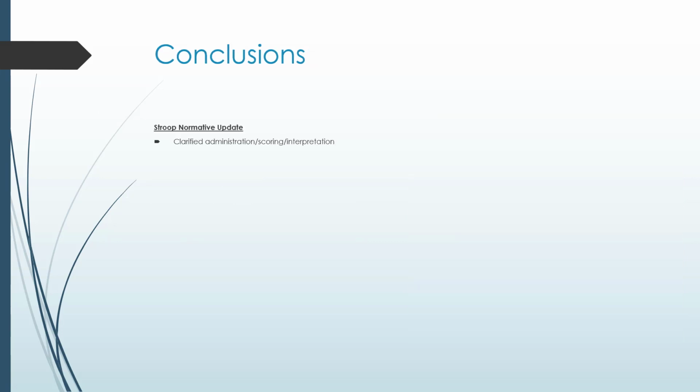So in conclusion, this is discussed more thoroughly in the manual, but just based on what I reviewed here, there was a Stroop normative update. The focus was to clarify all the procedures of administration, scoring, and interpretation, and to update the literature review. In standardization, we wanted to use a nationally representative updated sample.